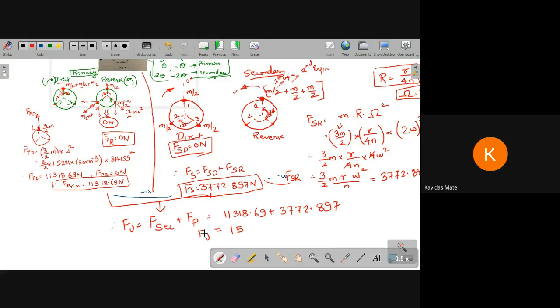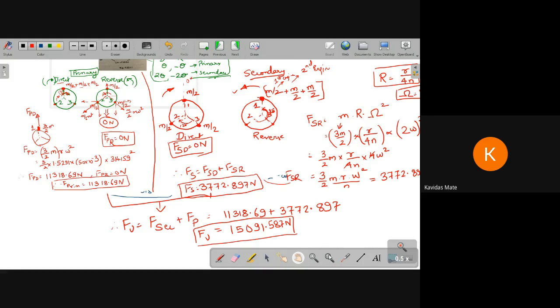So total unbalance in this engine would be 1509.587 Newton. So this is about solving the problem.